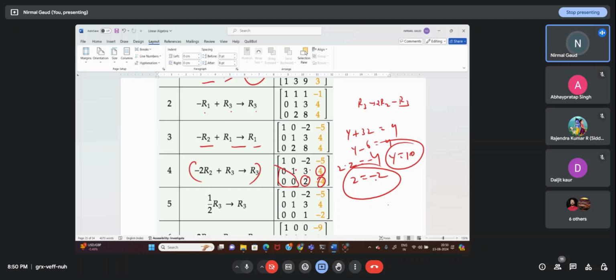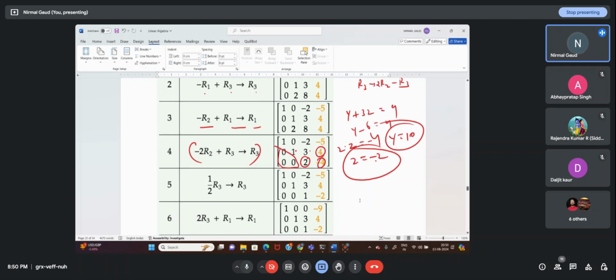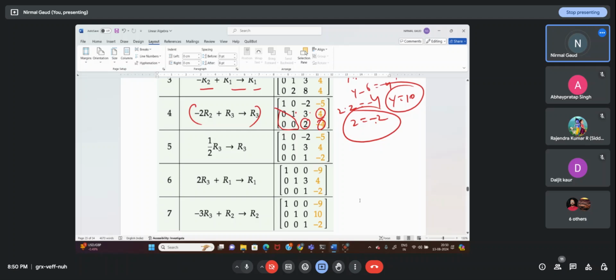Or if you still want to solve it further, convert it into reduced echelon format. In reduced echelon format, I want all the diagonal entries to be 1 and the rest all 0. So you can do one thing: 1/3 row 3 equal to row 3, and 1/2 row 2 equal to row 2. That's what they have done.